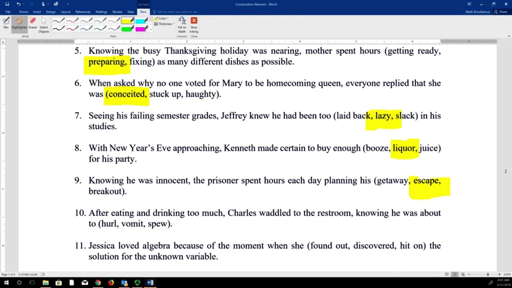And there are many different slang terms for bodily functions. The correct term for what Charles is about to do is vomit. Hurl and spew, spit up, throw up, all of those are non-standard slang. Then the last exercise here.